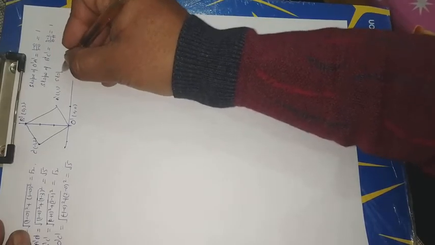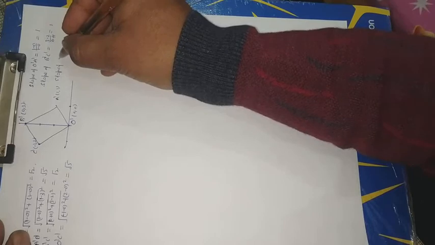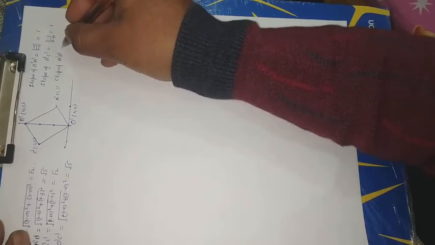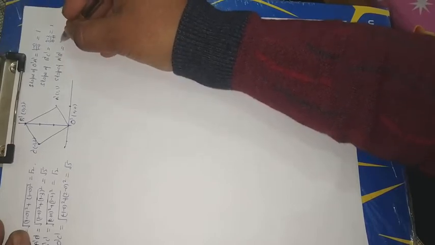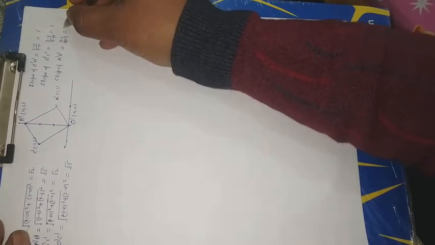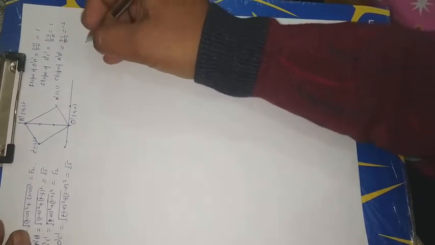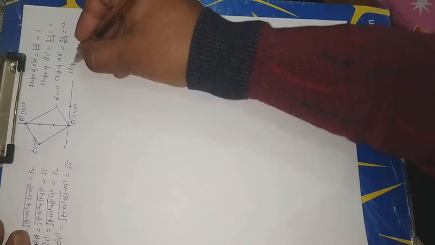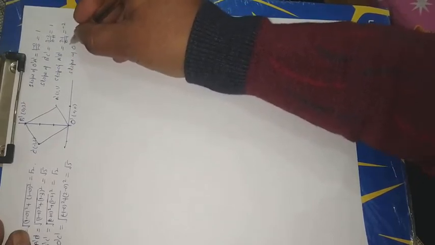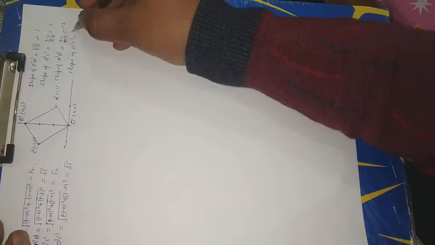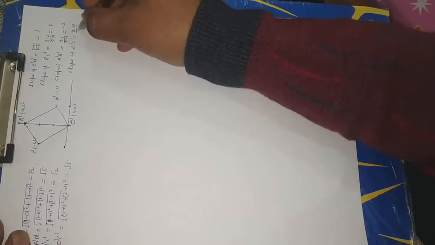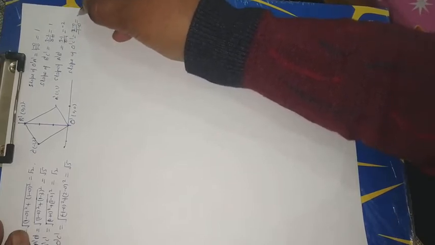Now slope of A dash B dash is equal to (3 minus 1) upon (0 minus 1), which is equal to minus 2. Now slope of O dash C dash is equal to (2 minus 0) upon (minus 1 minus 0), which is equal to minus 2.